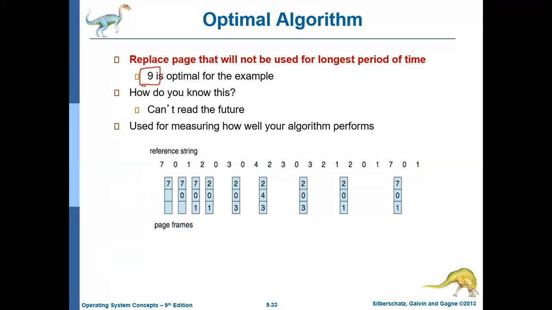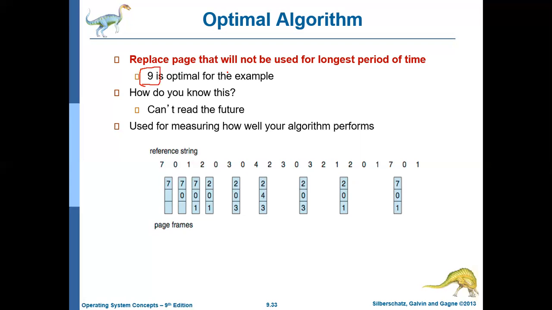Because optimal replacement algorithm is an ideal case which predicts the future, but in reality we don't know the future. So practically speaking we cannot implement optimal replacement algorithm, but it can be used theoretically for study purpose to analyze the performance of other algorithms.